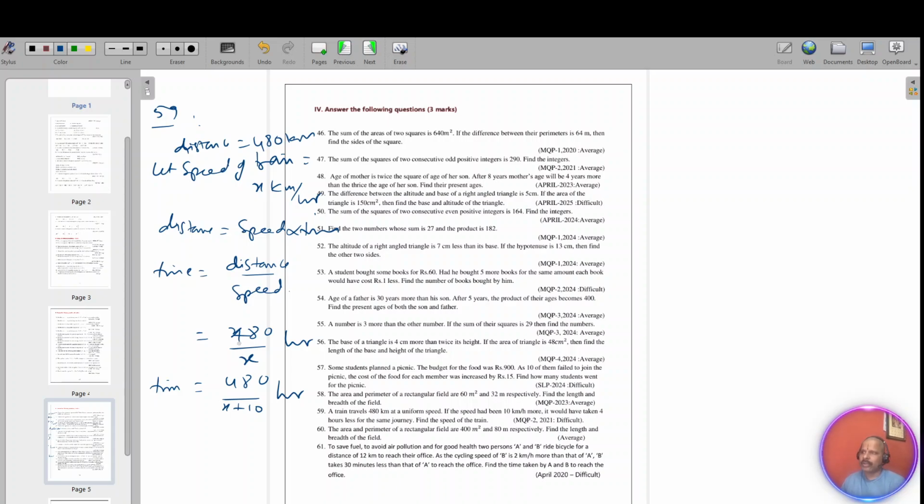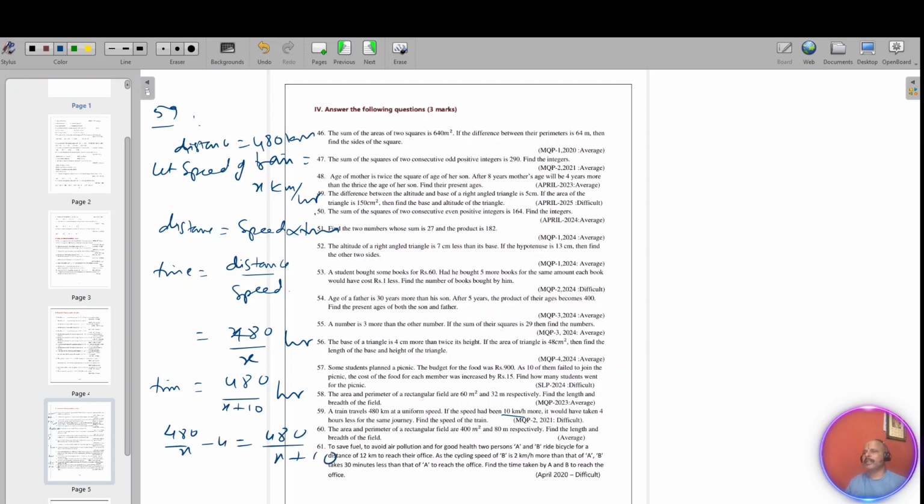Now you check out. These two times have a difference of 4 hours. If speed had been 10 km per hour more, then the time taken by the train is 4 hours less. The way to write this 4 hours less is, what was the original time? 480 by x. 480 by x minus 4 is 480 by x plus 10.